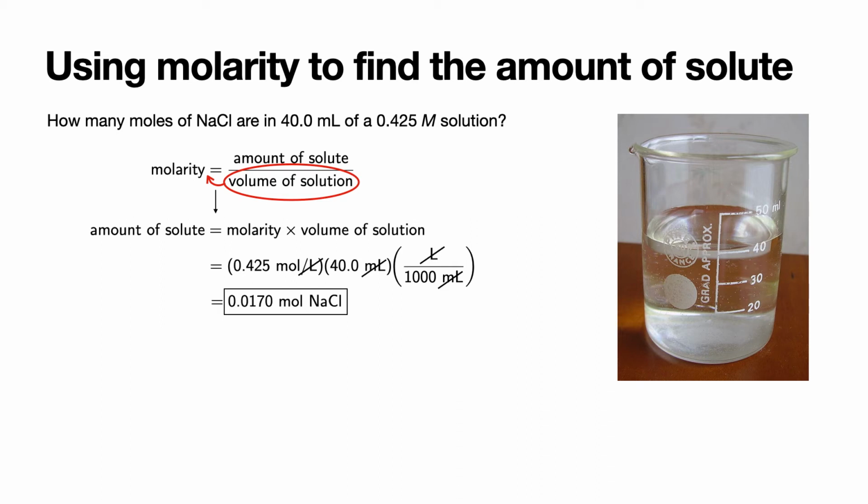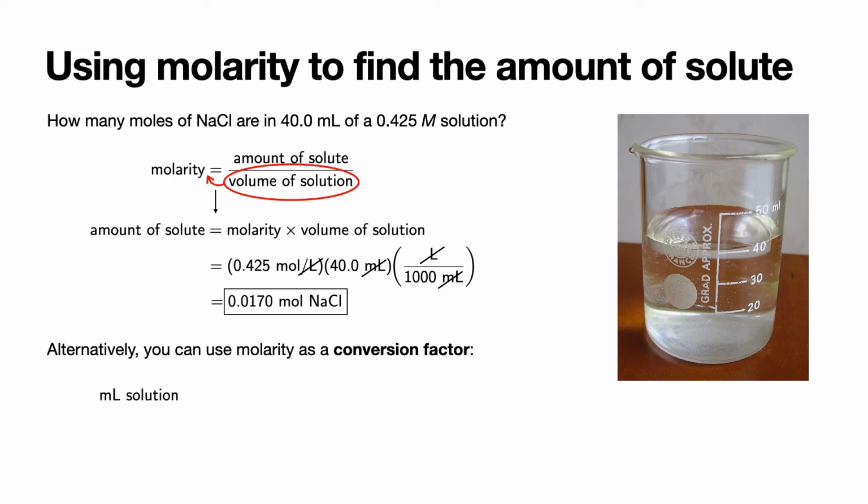Another way to do this is you can think of molarity as giving you a conversion factor between the volume of the solution and the amount of solute. And so if you want to approach the problem this way, one way you could think about it is that you've got the number of milliliters of solution.